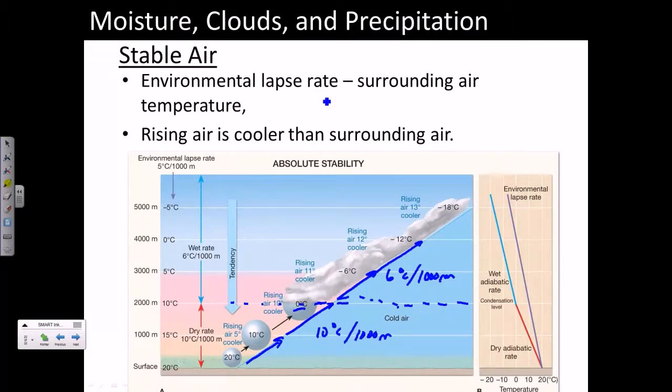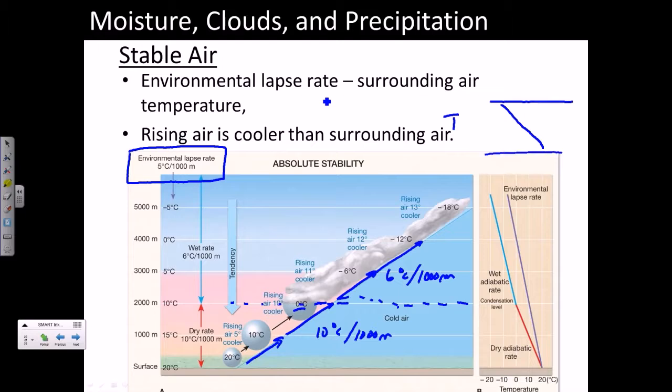What's important to note, though, is that the air in the parcel is cooler than something called the environmental lapse rate. So up in the top left of this diagram, there's something called the environmental lapse rate. That's the atmospheric temperature change we predicted when we defined temperature in the stratosphere, or troposphere even, where you see temperature decrease.